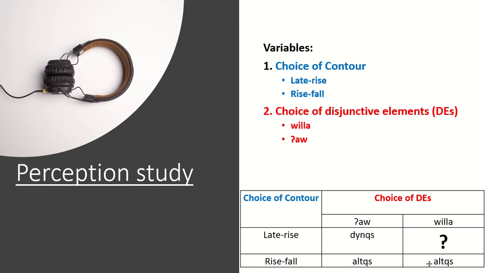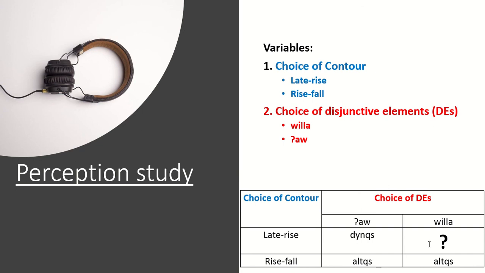ولا with a rise-fall an alternative reading, but ولا with a late rise might be our mismatch condition, where we have conflicting cues, because as we saw from the DCT, people tended to use willa in yes-no questions less than in alternative questions.